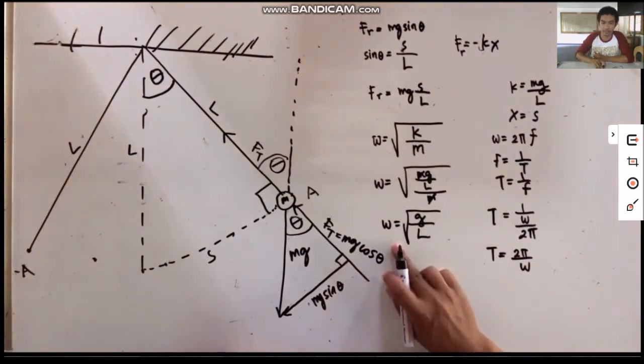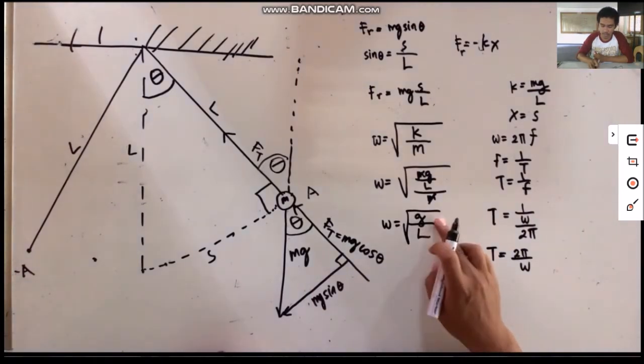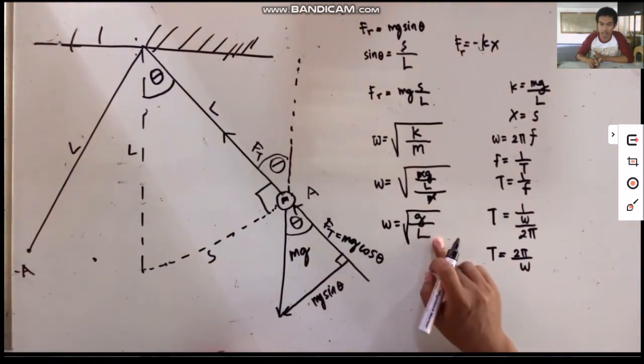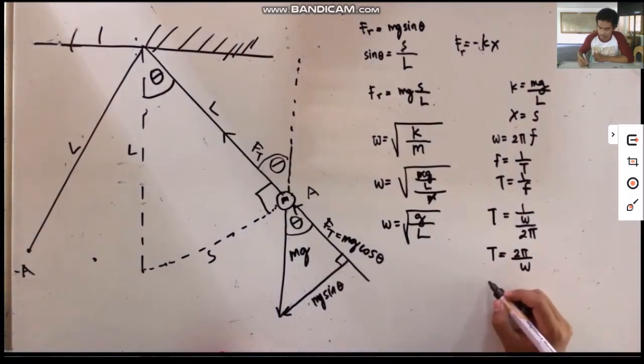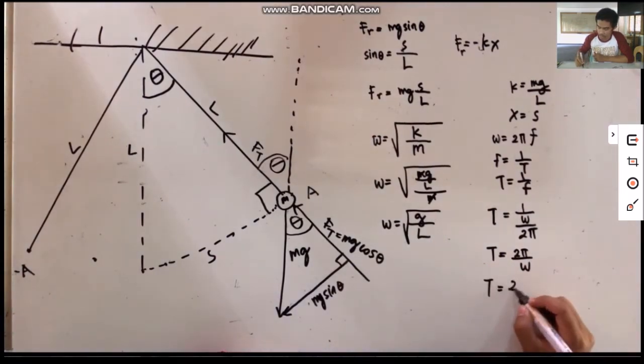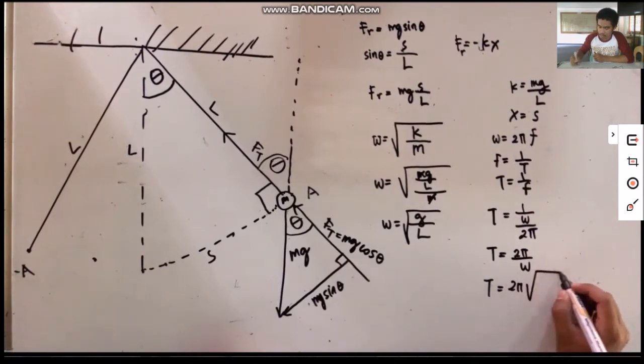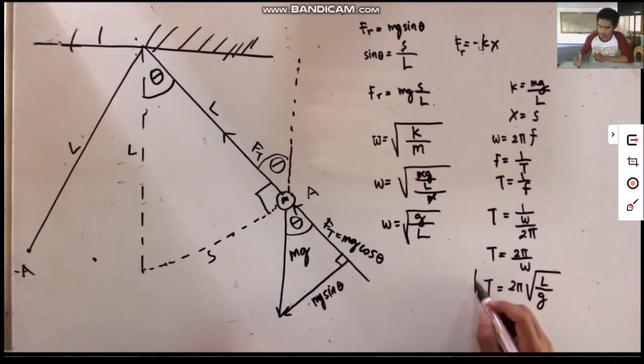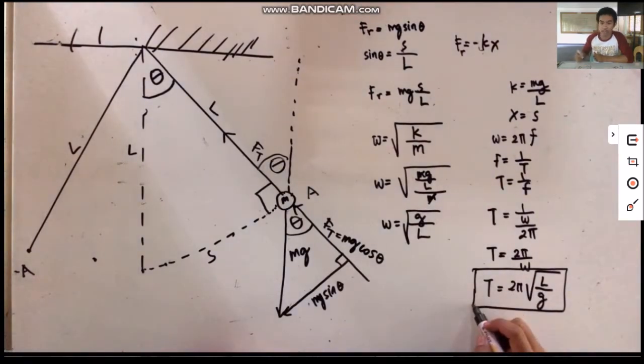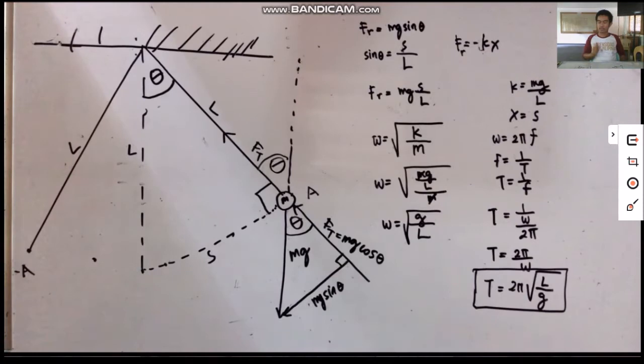And what is this angular frequency? That is the square root of the acceleration due to gravity over the length of the string. So period is 2 pi square root of L over g. So this is the period of a simple pendulum, 2 pi square root of L over g.